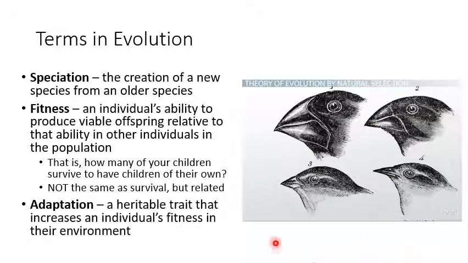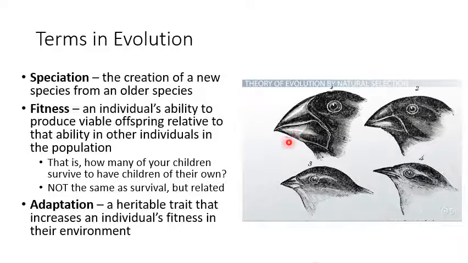What happened is that a finch, or a couple of finches, came over from the mainland and ended up on one of those islands in the Galapagos. They hung out there, had a lot of kids, populated the island, and adapted to that island. Then members of that population left the island and went to other islands in the Galapagos.